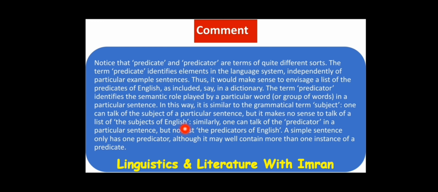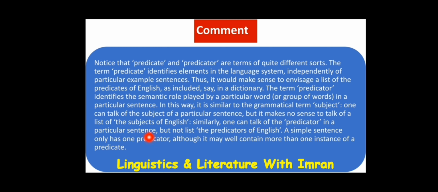So a predicator is a word that is used in a sentence and plays a semantic role. So what is the role? Like the process or the state in a sentence. Similarly, one can talk of the predicator in a particular sentence but not of a list of predicators of English. A simple sentence has only one predicator.